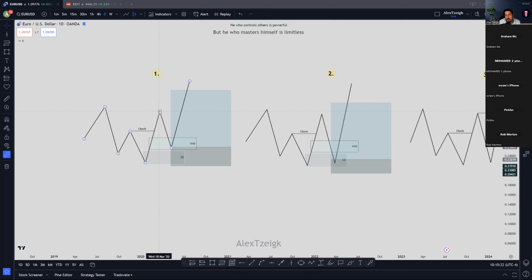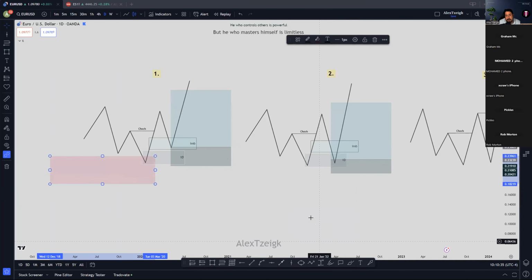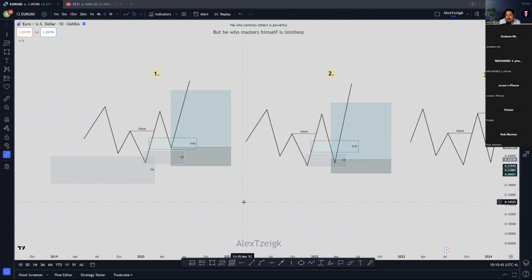Why? Because imagine that this is from a higher time frame idea, and this, for example, is a weekly. Let's say that this is a weekly demand. To enter so fast after only a change of character is much more aggressive than entering after an extra confirmation.